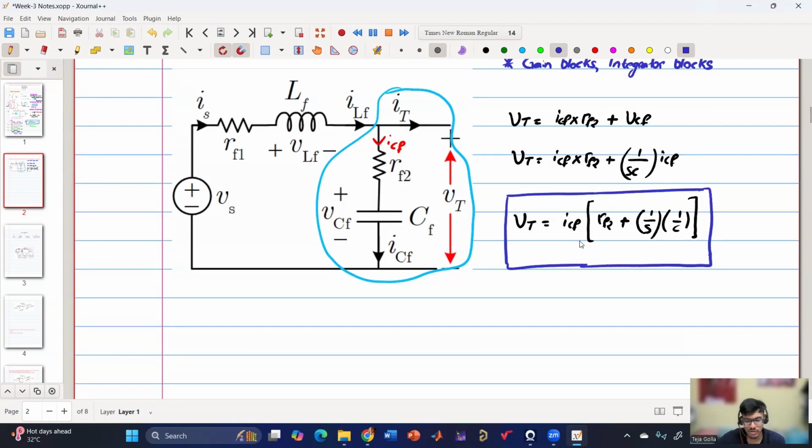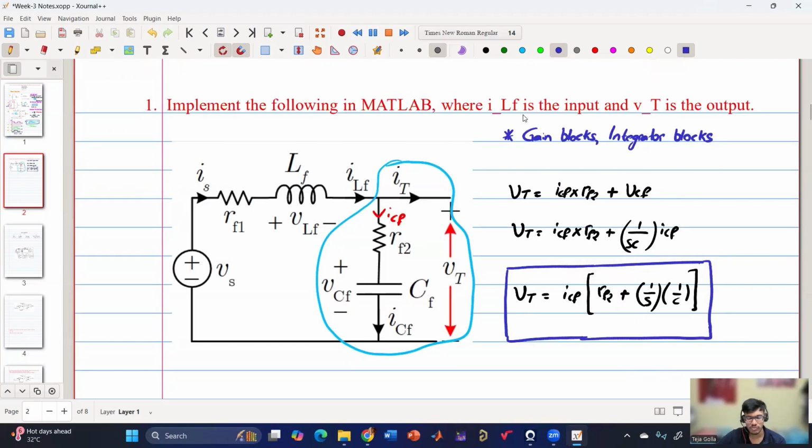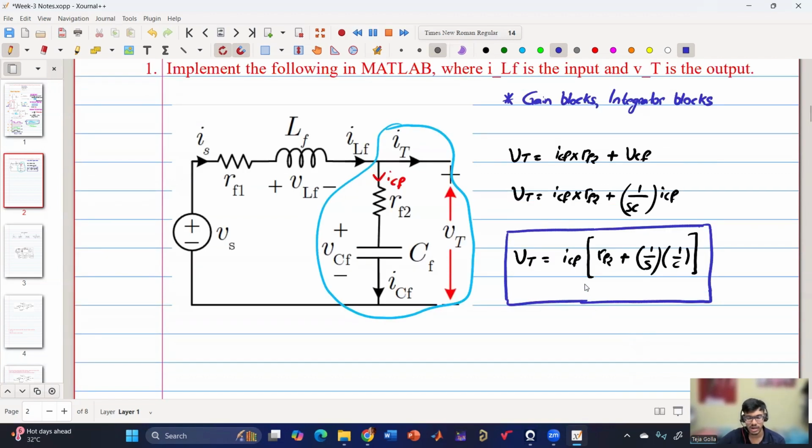But I also don't know ICF. What is the expression for ICF? I want everything in terms of ILF. So what is the relation between ICF and ILF?